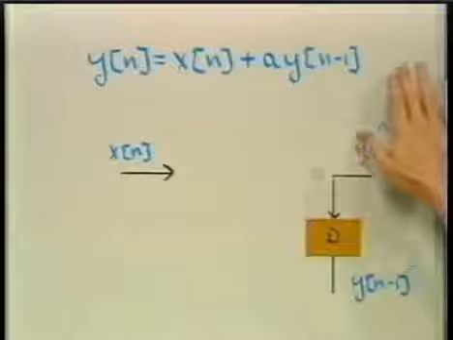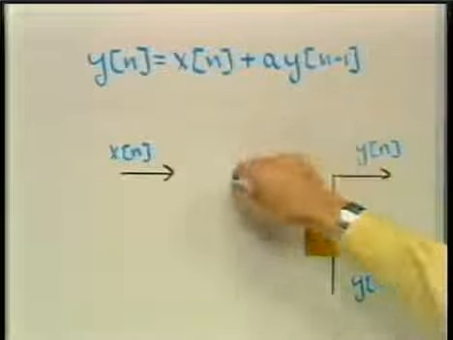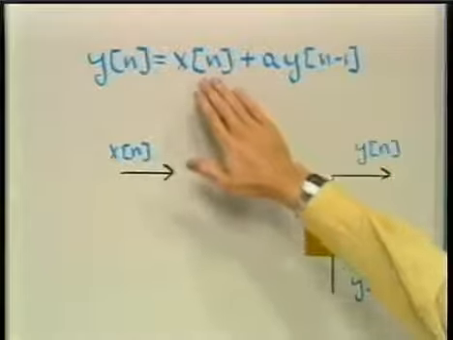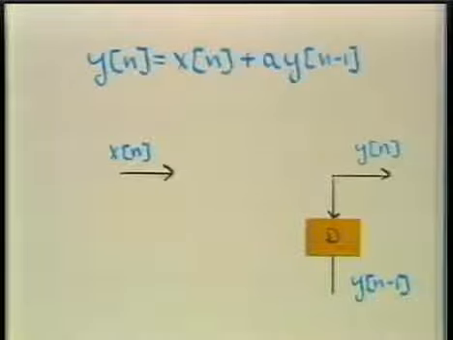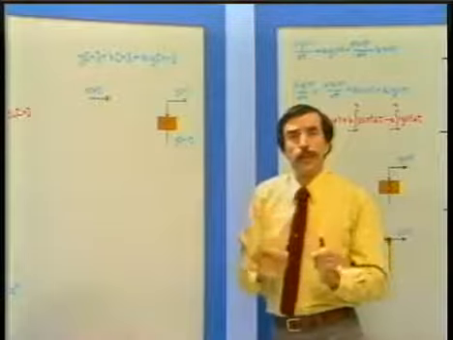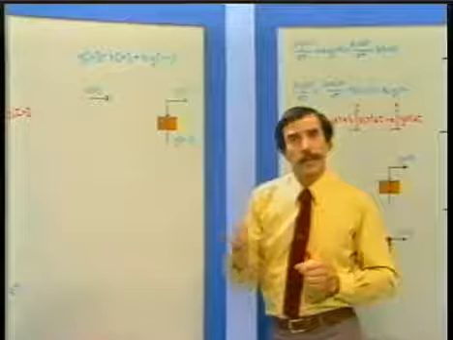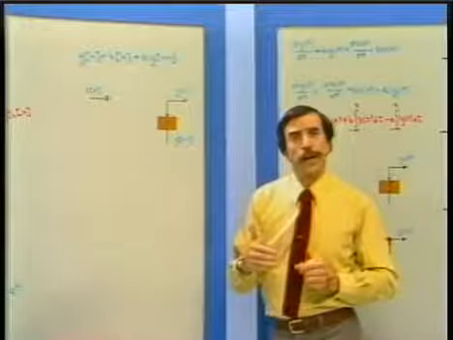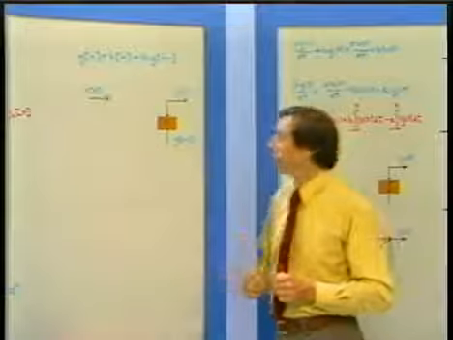Well, we can in fact draw a block diagram that represents that equation. The equation says we take x of n for any given value of n, say n0, whatever value we're computing the output for. We take the input at that time and add to it the factor a times the output value that we calculated last time.